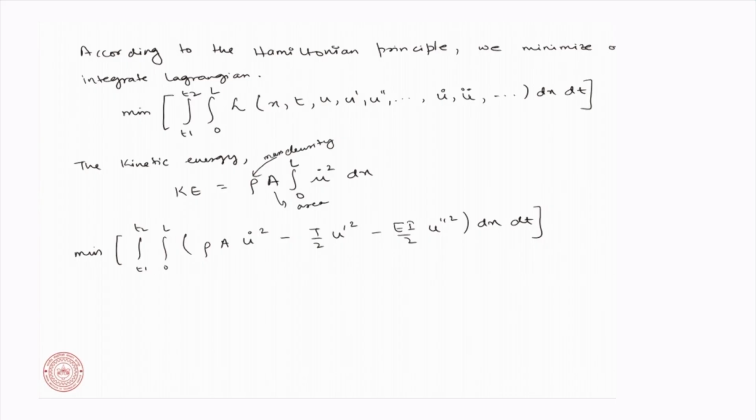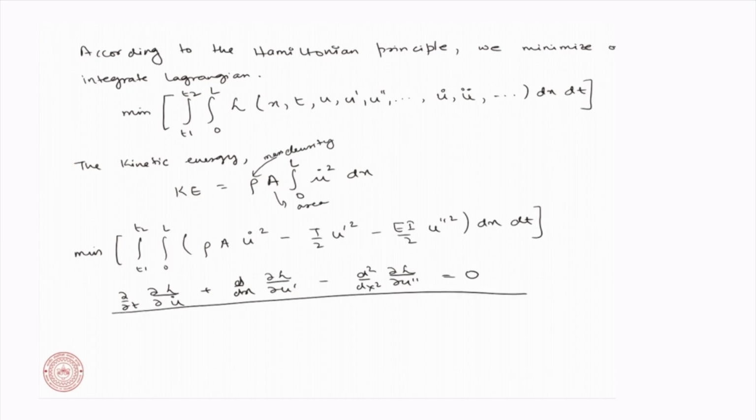Again, minimization is the same as we have seen for variational calculus. You substitute a replacement variable and try to integrate. This equation can be minimized as del by del t of del Lagrangian over del u dot, plus d by dx of del Lagrangian by del u prime, minus d square by dx square of del Lagrangian by del u double prime, and this is equal to 0.